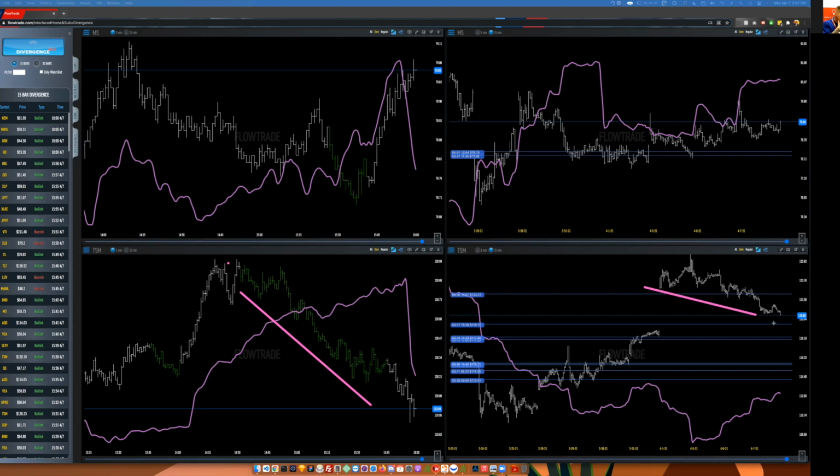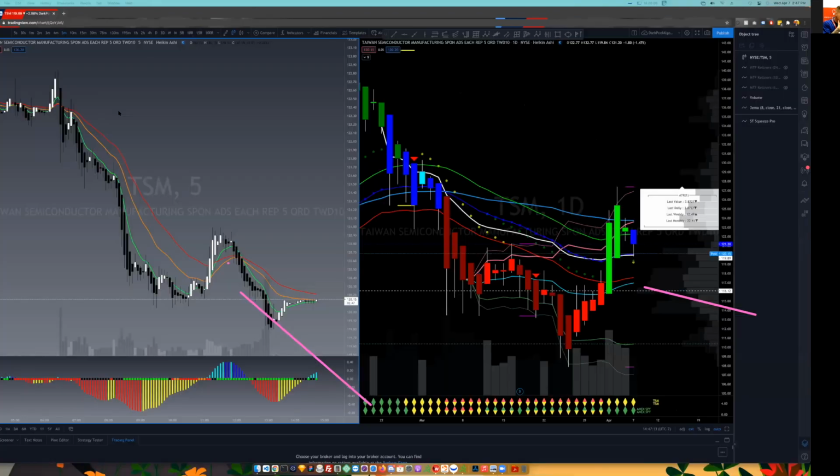I would anticipate 119 being a pretty major support level. I'm going to try something a little different this time. I'm going to chart TSM on my TradingView chart to give me a little bit more comfort, I guess.